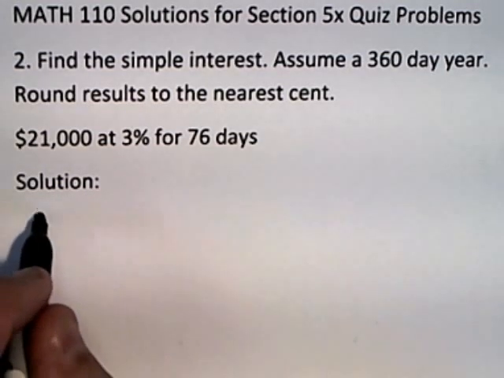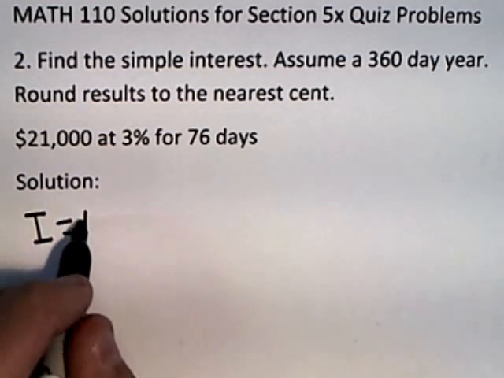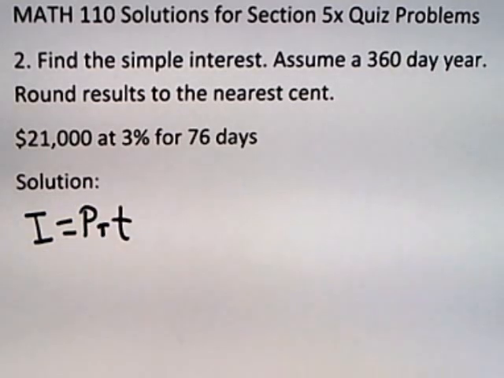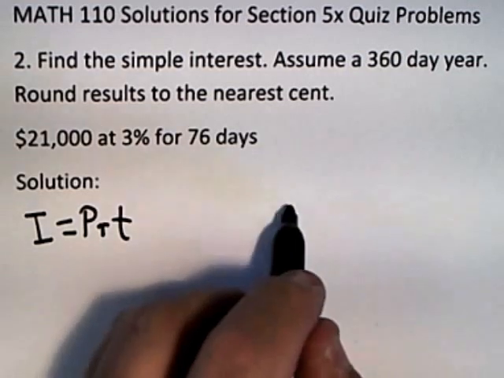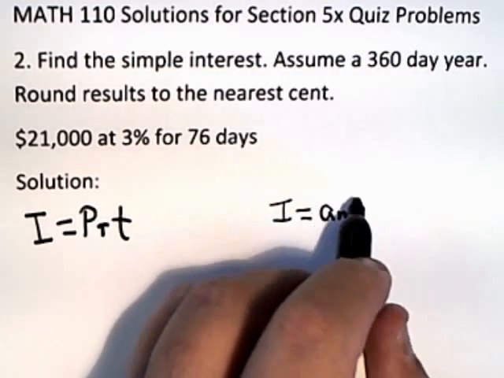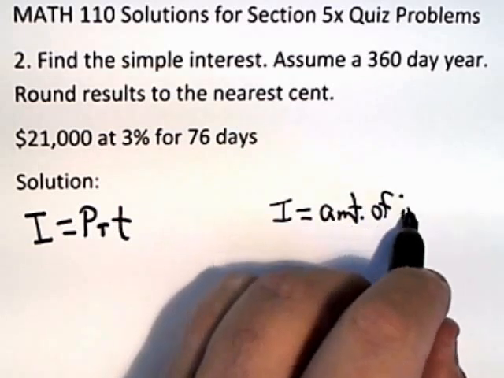Of course, the first thing you have to know is that the formula for simple interest is I is equal to PRT. Of course, I is the amount of interest that you earn.